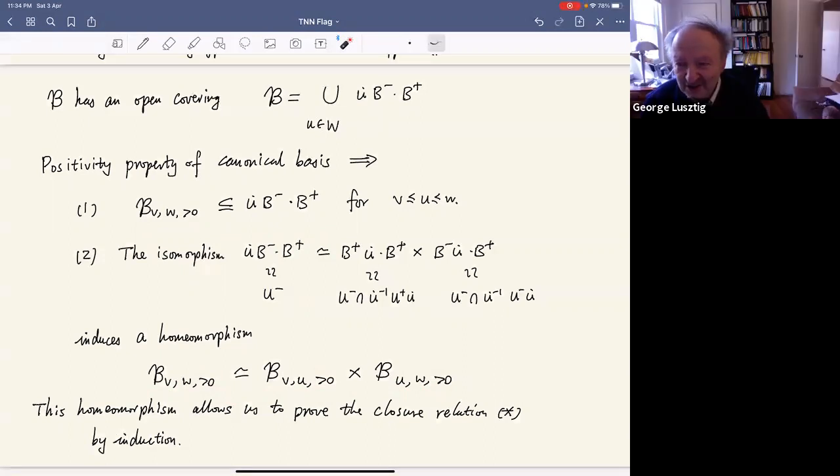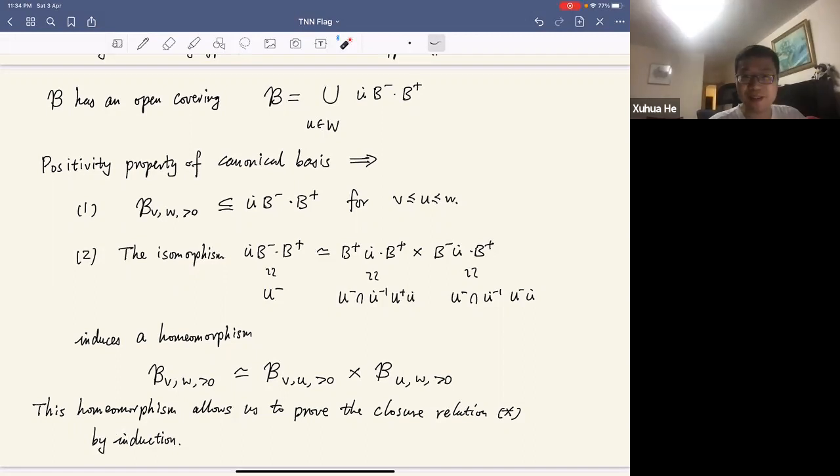Oh, yes, I have a question also. Is there any hope to do something for non-minimal groups, analogous to what Lam and Pylyavskyy did for GL(n)? Well, this question is not related to the flag variety, because for the flag variety, if you think about the minimal or the maximal Kac-Moody group, you get the same flag variety.